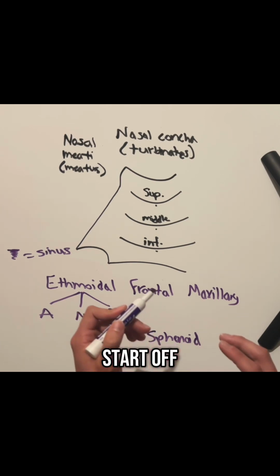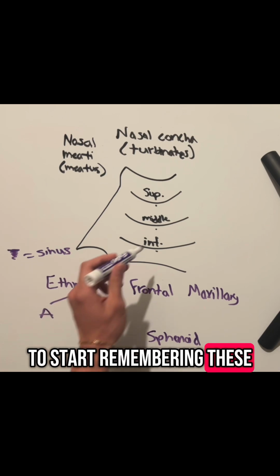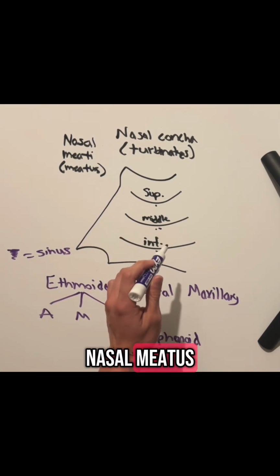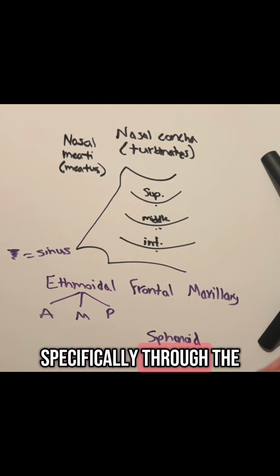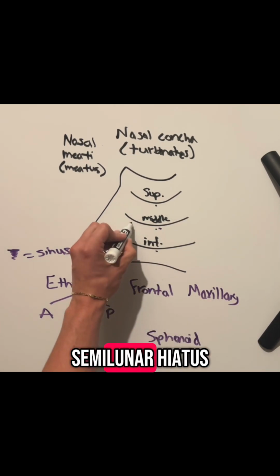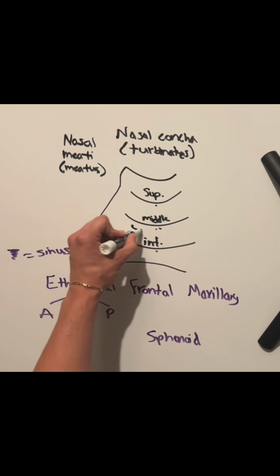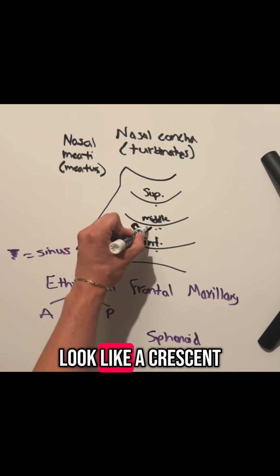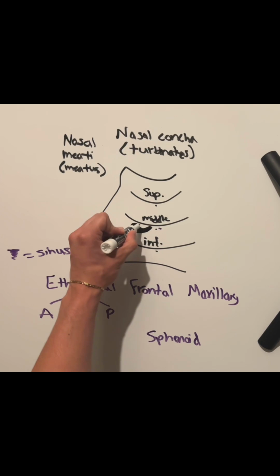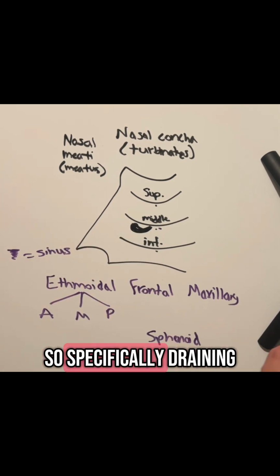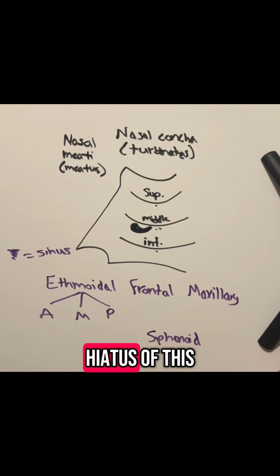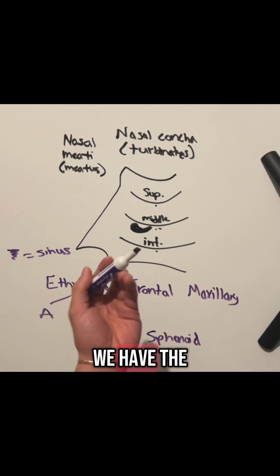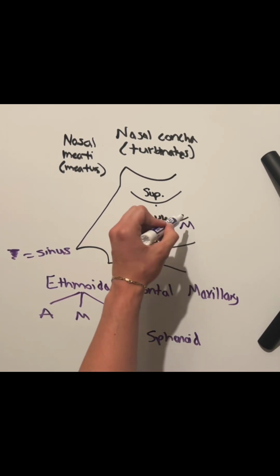To start off, the easiest way to start remembering these is that draining at the middle nasal meatus, specifically through the semilunar hiatus, because it's supposed to look like a crescent, we have the acronym AM-FM.